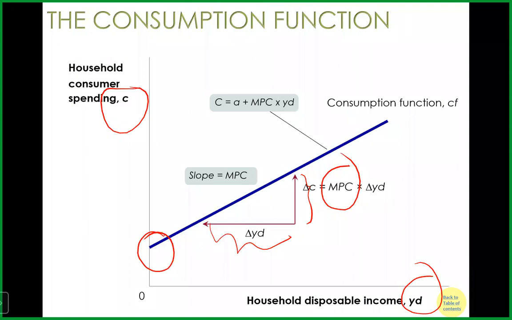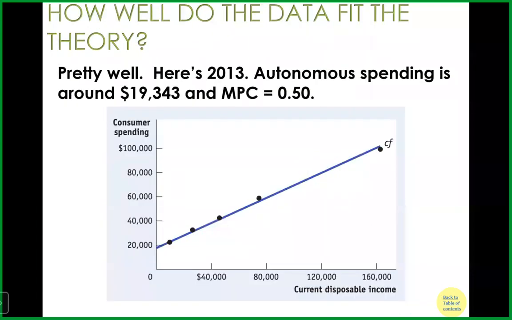Right? Now we are going to test the theory by comparing the theory, which is represented by this line, with the data or with reality, which is represented by those dots. We have 5 dots, but potentially we have millions of dots. By comparing these two, what do we learn?